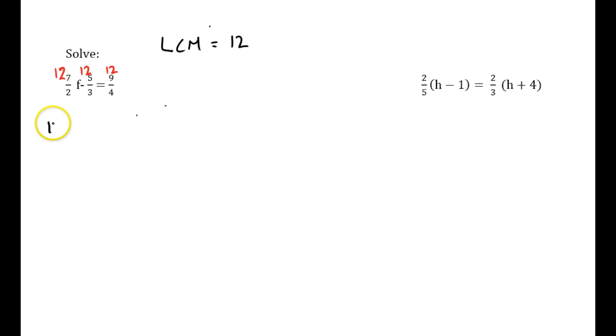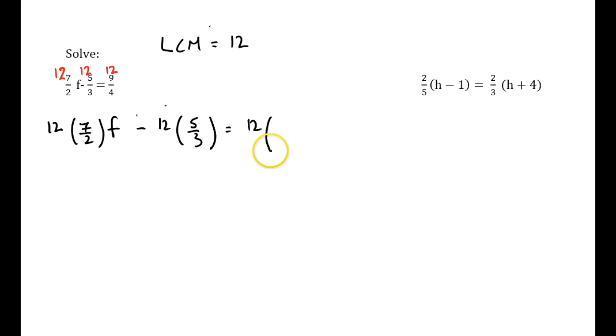I have 12 times 7 over 2f minus 12 times 5 over 3 equals 12 times 9 over 4. And now I start getting rid of things here, simplifying. 12 divided by 2 is 6. 12 divided by 3 is 4.